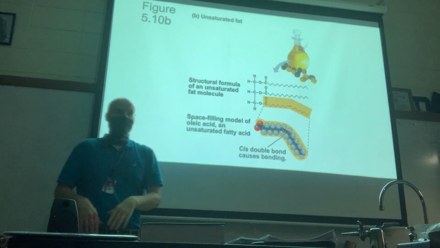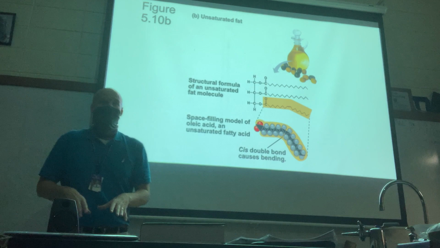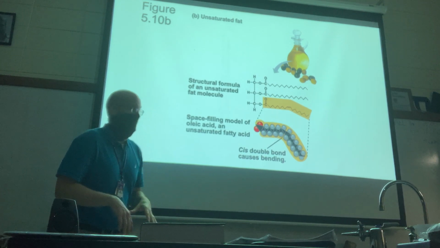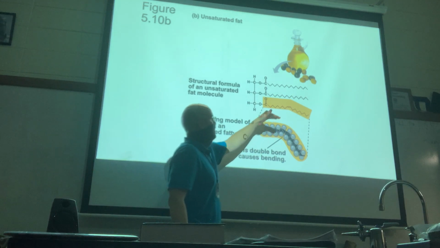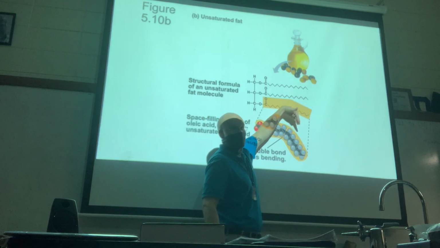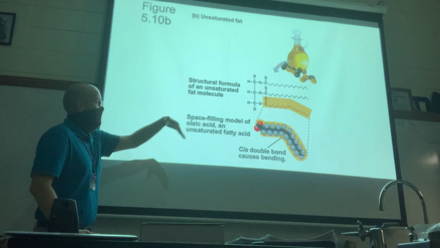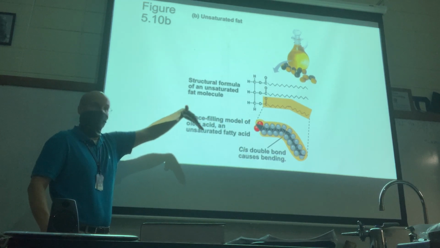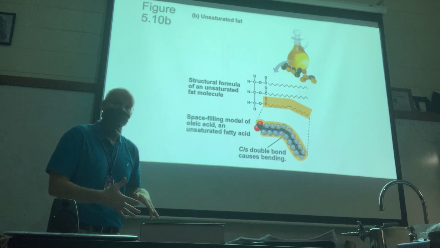And because of VSEPR theory, which some of you got into in chemistry, because of how double bonds work, it actually causes these kinks to occur in the fatty acid tail. And when these tails get kind of kinked like that, they're not as compact. So they don't pack together as well.